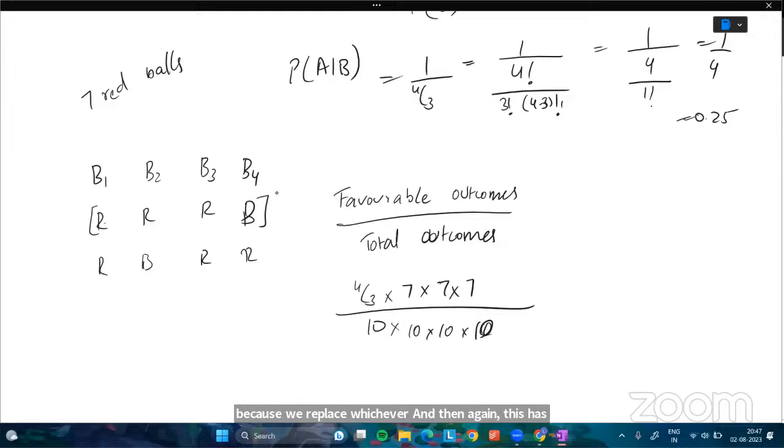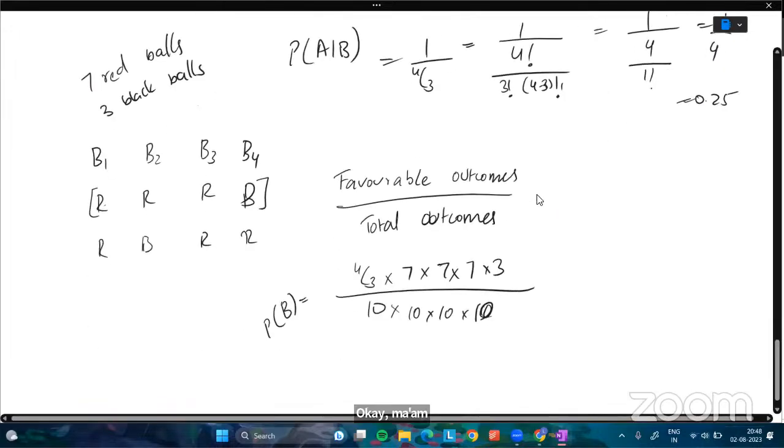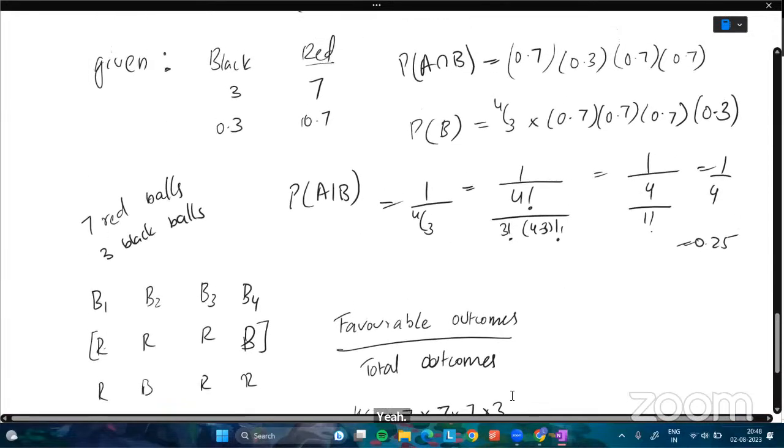And here, since it's a black ball, we only have 3 balls, so we have 3 choices. If you look at this, we have this 7 by 10, and they've taken it as 0.7. Okay, ma'am. Got it. Thank you, ma'am.